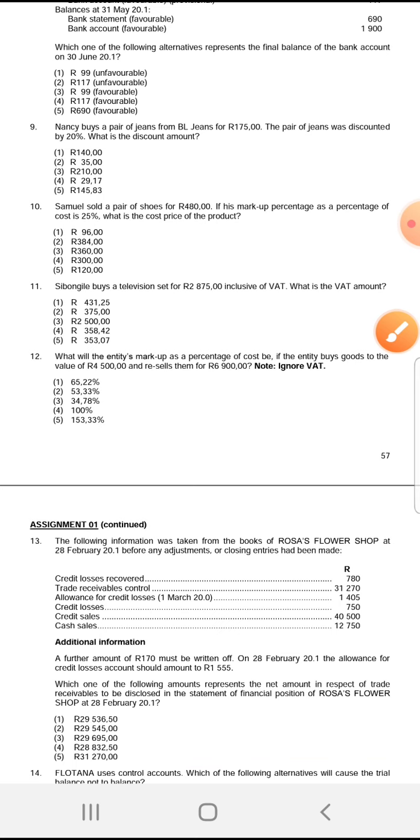For question 9, it will be option 2. I've already shown how I did it: 175 multiplied by 20% gives us 35.